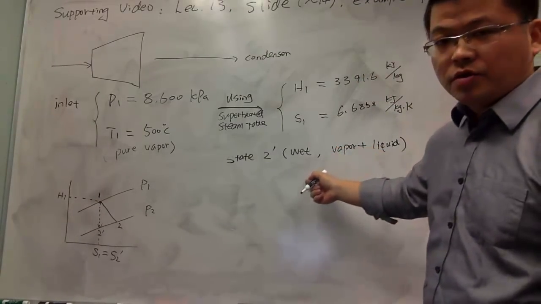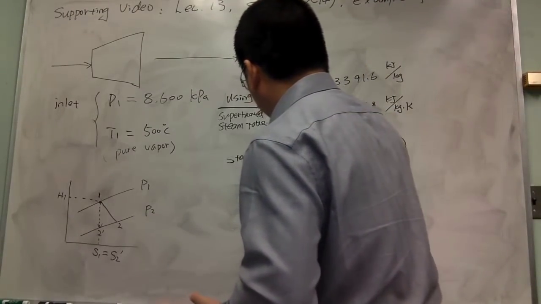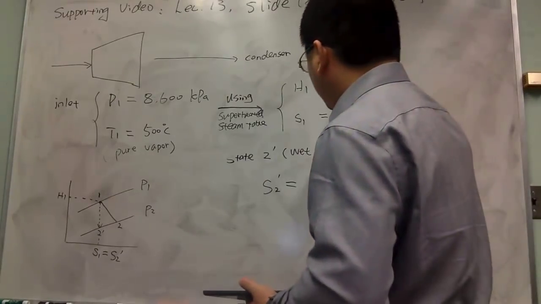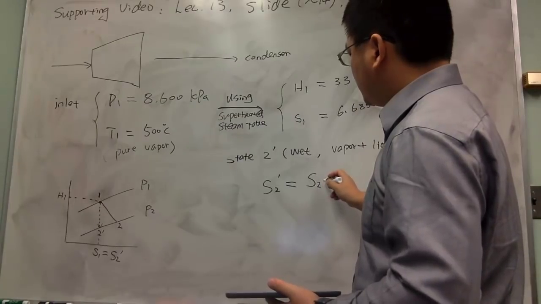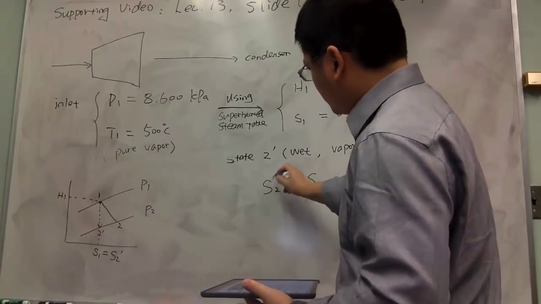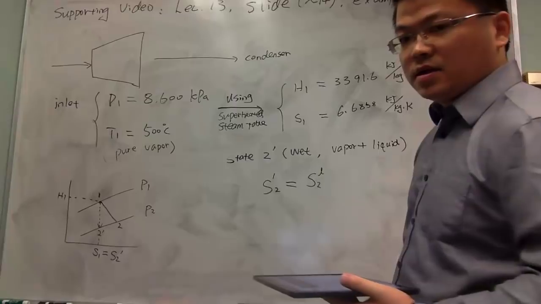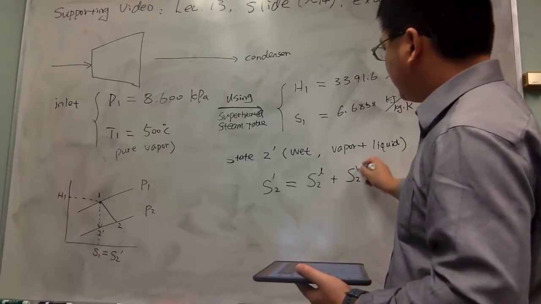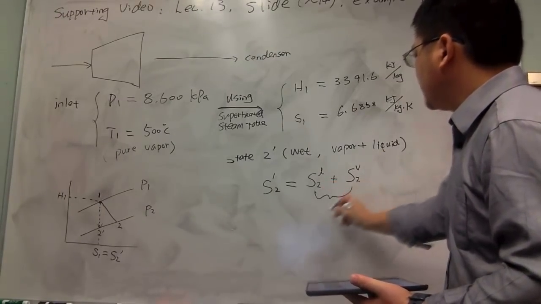And I know its total entropy S2 prime, which is coming from S2 of this liquid plus S2 of that vapor. But I need to figure out their ratio.